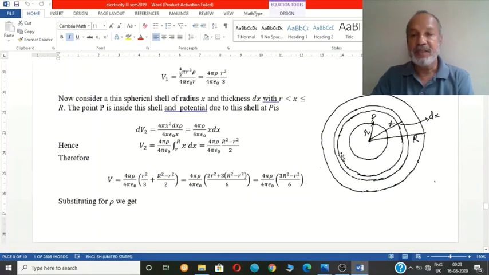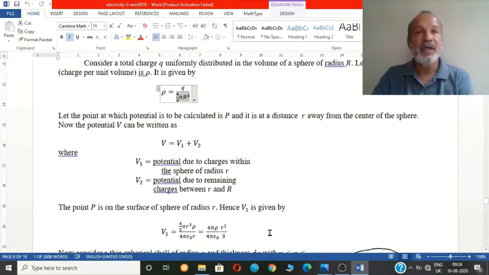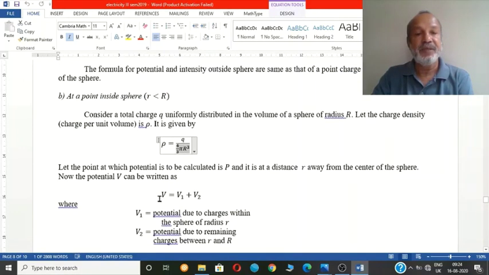Now this is the situation. We are considering a point at distance r which is smaller than capital R, and we have to determine the potential and intensity at P. To calculate that, we divide the potential at P into two: V1 and V2.